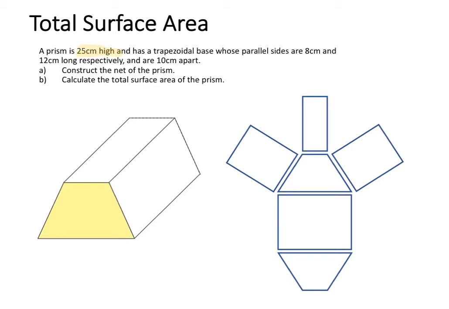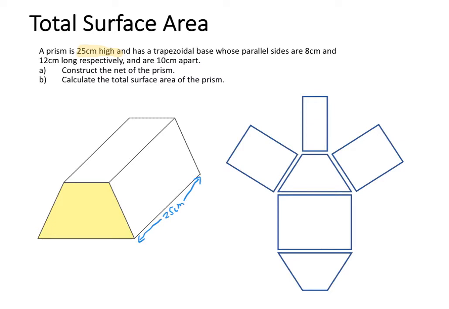Now the height of the prism is going to be the length in between my 2 bases, so in between my 2 trapeziums. So marking that onto my diagram, it is going to be 25 centimeters from my first trapezium at the front to my trapezium at the back.